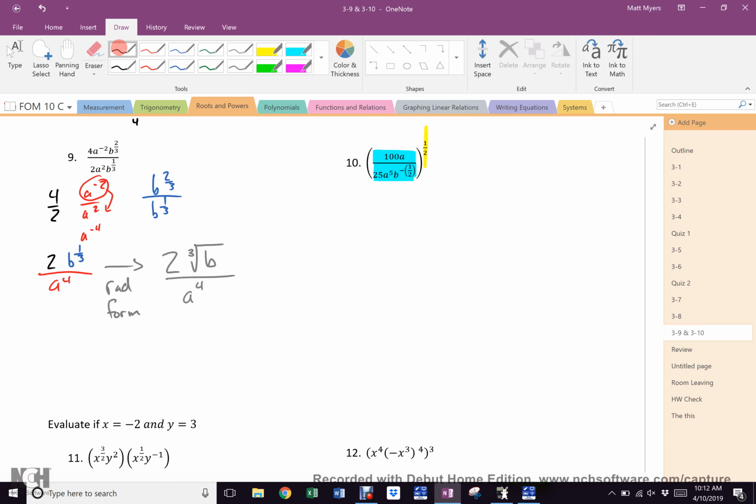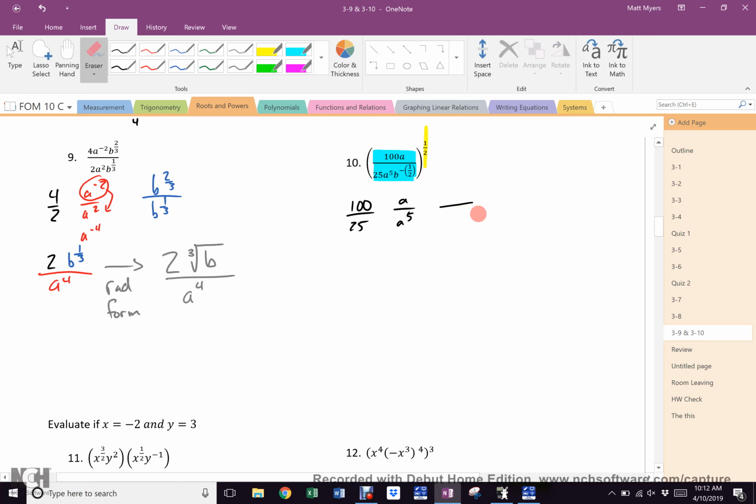I'm going to go with simplifying in here first, which means I've got 100 over what? 25. I've got A over what? A to the 5th, and I've got only a B to the negative 1/2, which means since it's B in the negatives and it's in the denominator, where should it really go?